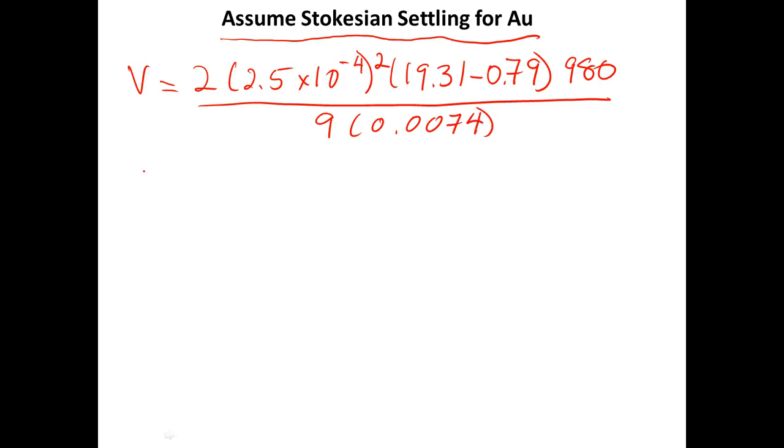And we calculate then a Stokesian settling velocity for gold equal to 0.034 centimeters per second. We need to calculate Reynolds number based upon this settling velocity.